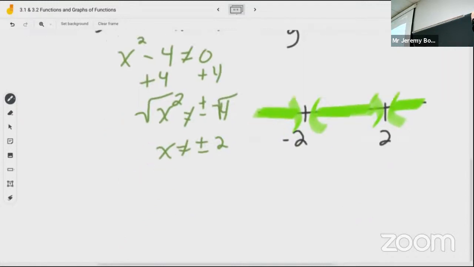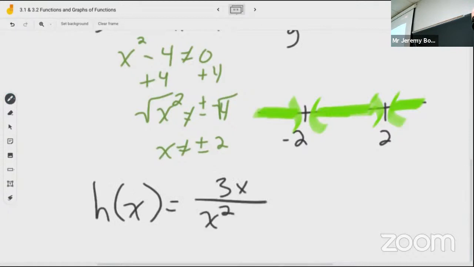Follow up. What if my function, let's call it a different name, I believe it was like 3x up the top, but whatever. What if it was this? 3x divided by x squared plus 4.